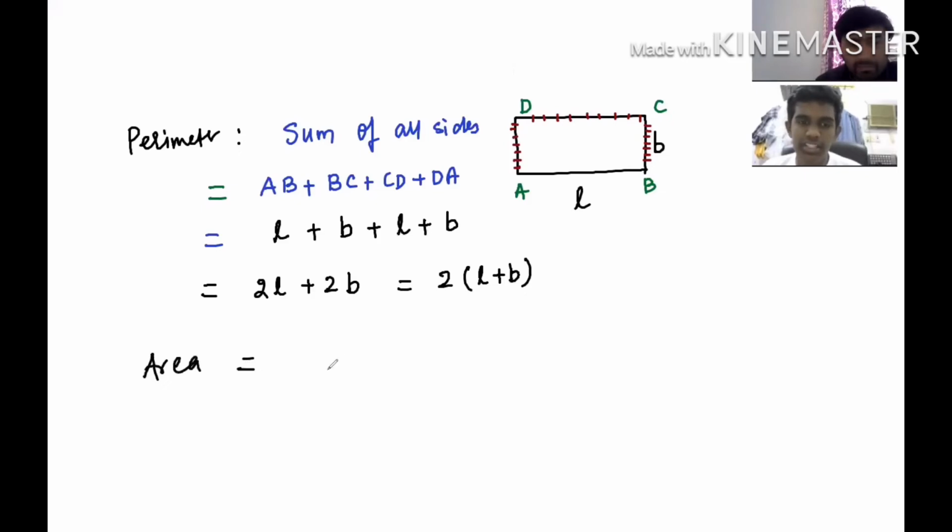If this is given as 20 centimeters, this is 5 and this is 5, I will simply add this 20, this 5 and this 5. I'm not going to take this one.